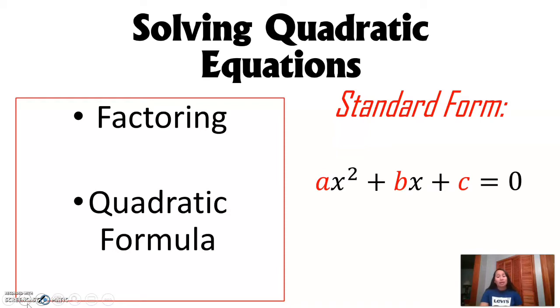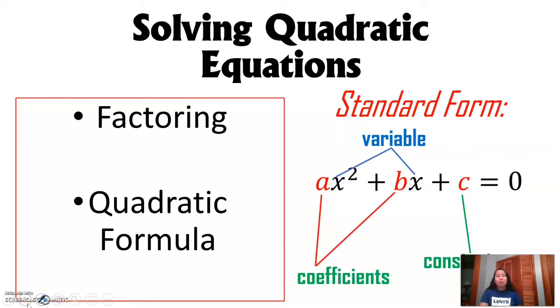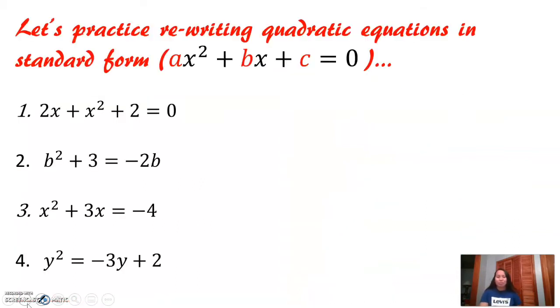Now we know that x is a variable and a, b, and c are called constants, but I'll just put constant for c because more specifically, a and b are called the coefficients of our variables x squared and x respectively. Alright, don't forget that we need to rewrite the equations first in standard form. Ax squared plus bx plus c equals 0.